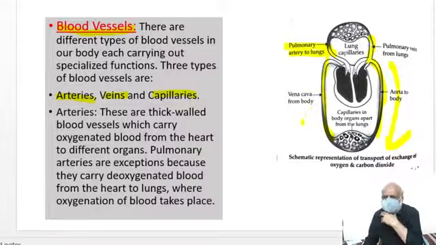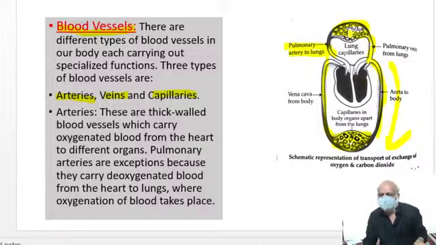It opens only one side. The third one is capillaries, which are one-cell-walled and collect and diffuse different substances to the organs or from the organ.